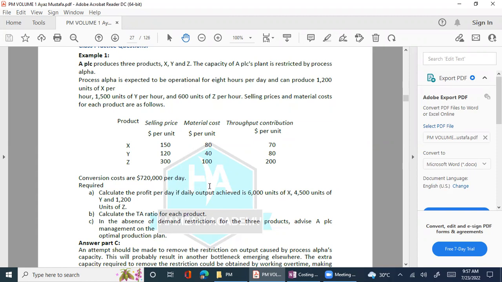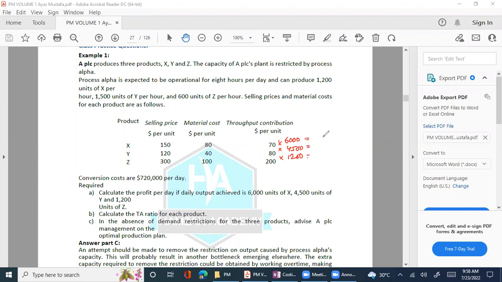Calculate the profit per day if the output achieved is 6,000 units of X, 4,500 units of Y, and 1,200 units of Z. So this is very easy to calculate. We will simply multiply this with the number of units. So the number of units of X produced are 6,000. It is given in the requirement. Then 4,500, and for this is 1,200.